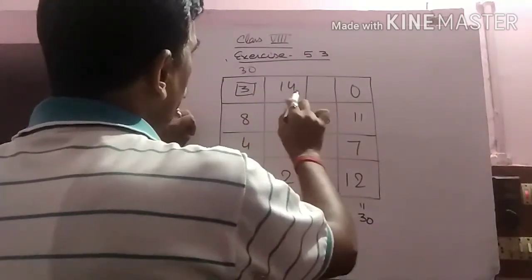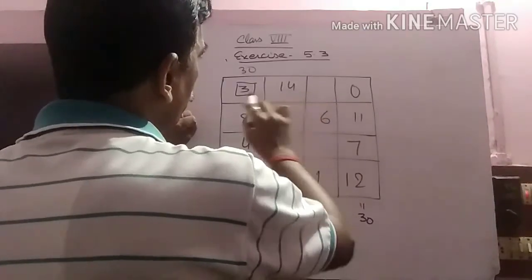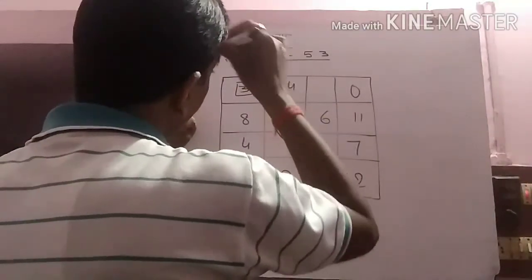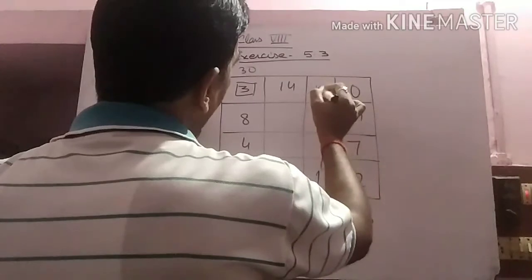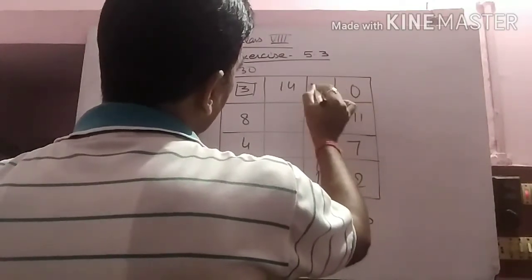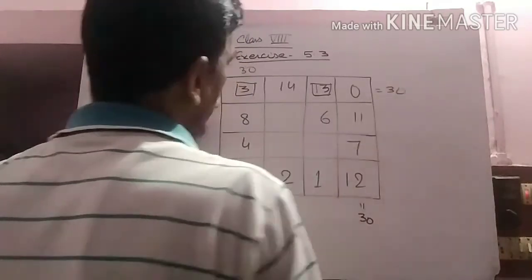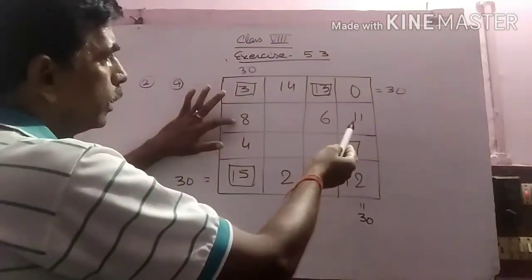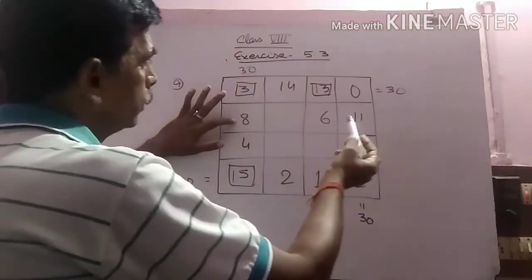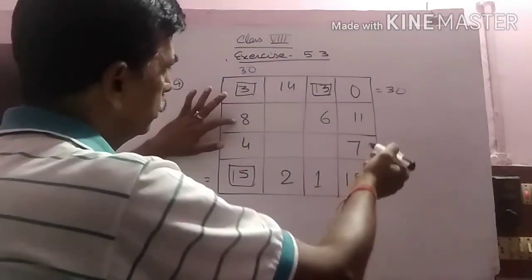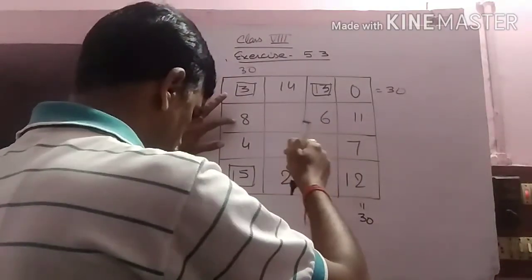So 3 and 14 is given here. So it becomes 17. 17 plus 13 is equal to 30. Now look here, 8. This one is given 8. I think 1 is also missed here. No?